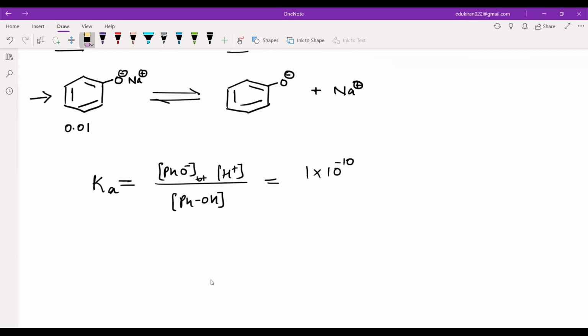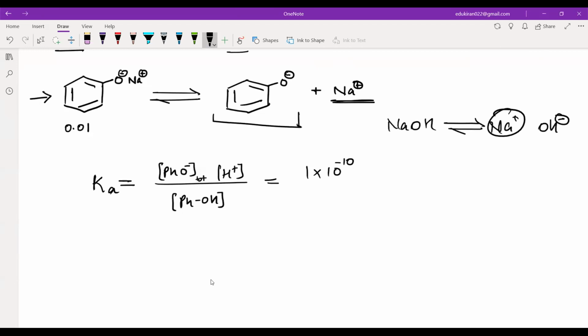PhO negative and Na positive, right? Na positive can easily get dissociated, because if I have NaOH, it gets completely dissociated to Na positive and OH negative. If Na positive is getting dissociated, then obviously the phenolate ion is also getting dissociated completely, right? Yes or no?